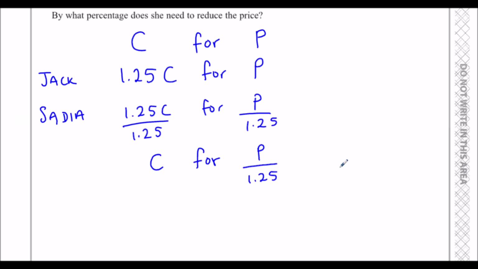So what percentage changes that? So it's 1 over 1.25, which is the same if I double them, 2 over 2.5. And if I times them by 4, that's 8/10.